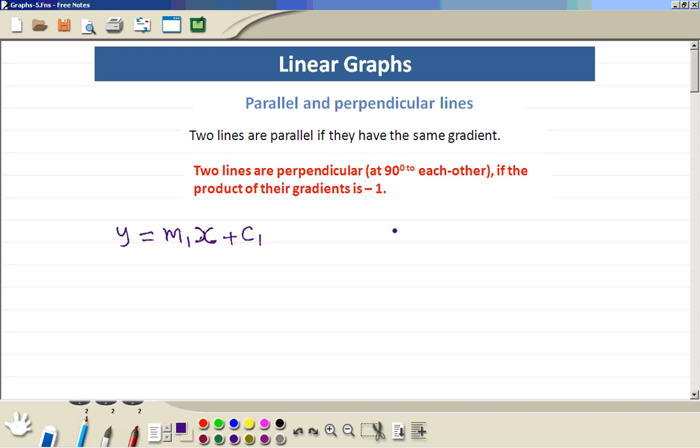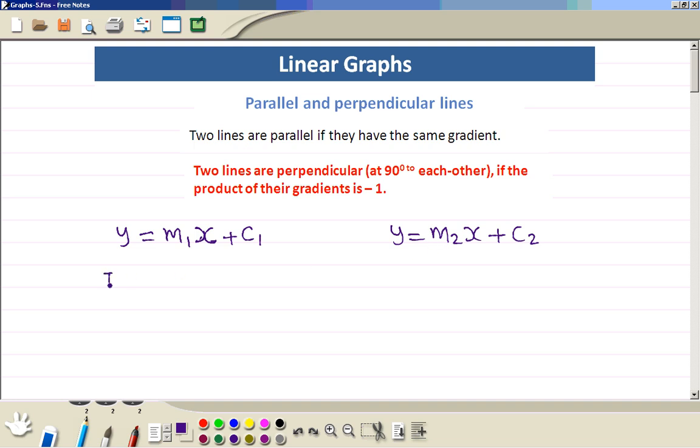Then we have another equation, y equal to m2 x plus c2, where m2 is the gradient and c2 is the intercept. When we're talking about parallel and perpendicular lines, the intercepts do not play any role at all. So we're only interested in the gradients.